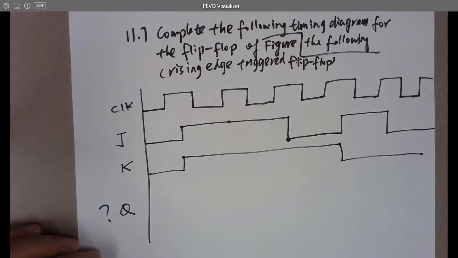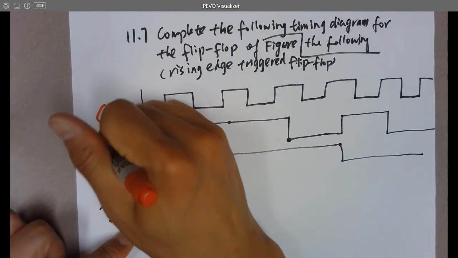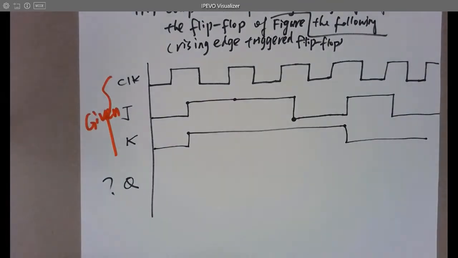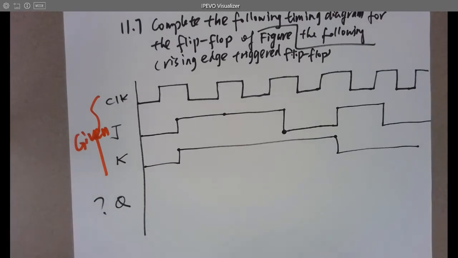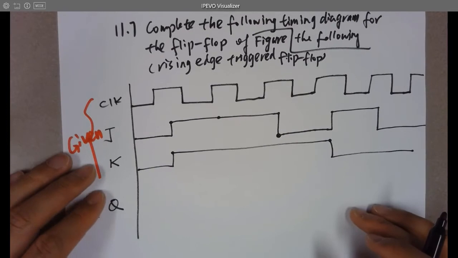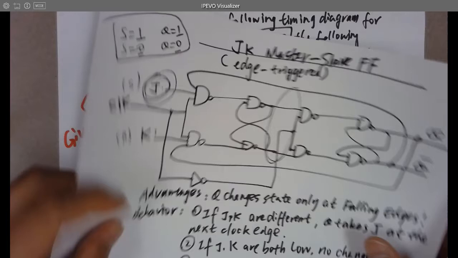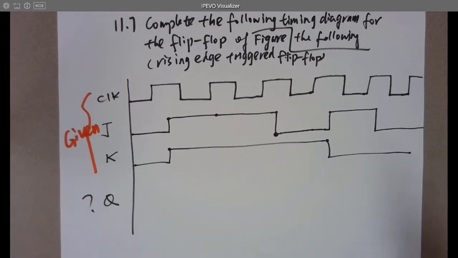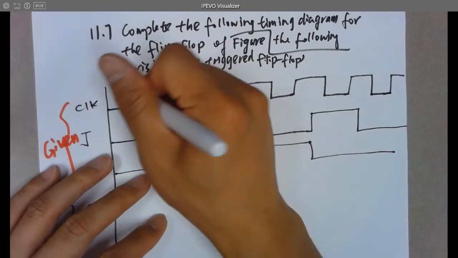So what is Q? All these three signals are given. So what does Q look like for the master slave JK flip flop? You can refer to the schematic we just drew here. But keep in mind, the one we drew was falling edge triggered, and this one is rising edge triggered.